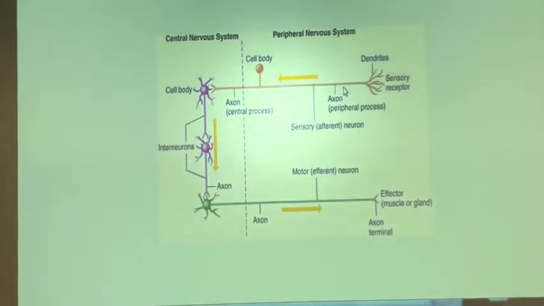So notice we're moving down this sensory pathway, and again, sensory pathways are carrying information from the senses to the central nervous system. There is another name for a sensory neuron which I want you to note. So sensory neurons are afferent neurons.